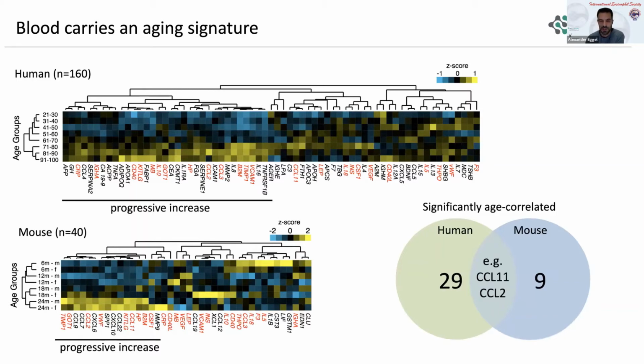I would just like to mention two factors here, which are CCL11, also known as eotaxin, and CCL2, which is MCP1. These two factors are very well known to be chemoattractants or cytokines for eosinophils and macrophages. So now you start to understand why we got pretty excited about eosinophil research as well.